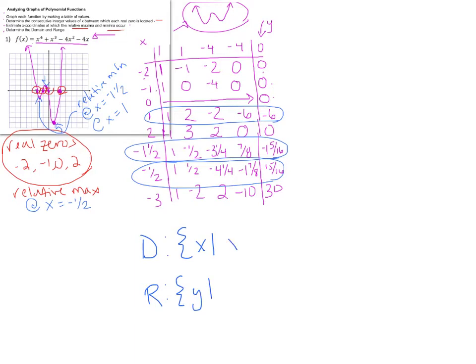Looking at the graph, the x values can be anything, so x can be in the real numbers. The range though, since we have a minimum value right here, our graph can only be above it, so our range would be y is greater than or equal to -6, since that minimum value was -6.